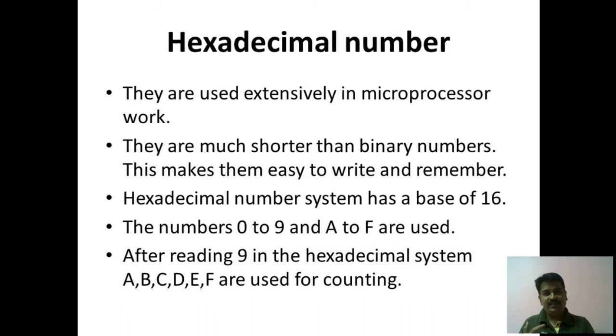After 9 we represent the alphabets A, B, C, D, E, F. So these are the hexadecimal digits, 0 to 9 and A to F. Totally 16 symbols. These 16 are the hexadecimal digits.